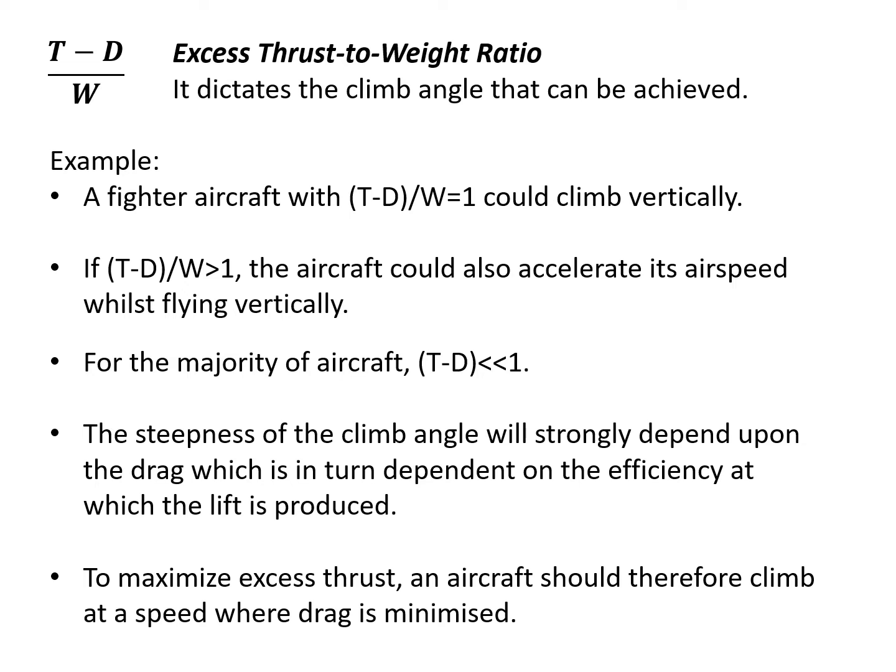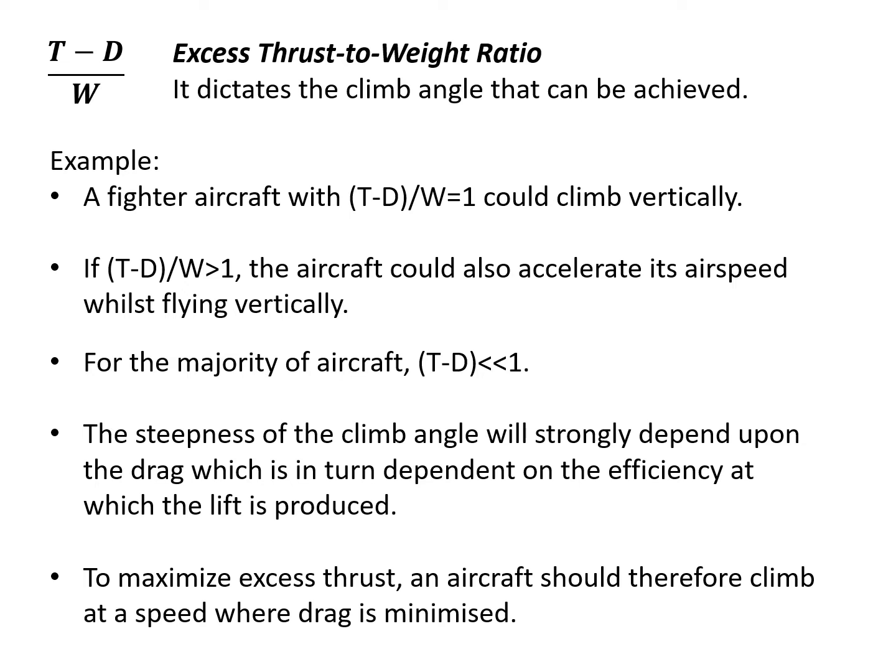Before we move forward with the equations of motion, let me introduce another concept, that's T minus D divided by W. We usually call this the excess thrust to weight ratio, and this quantity dictates the climb angle that can be achieved.